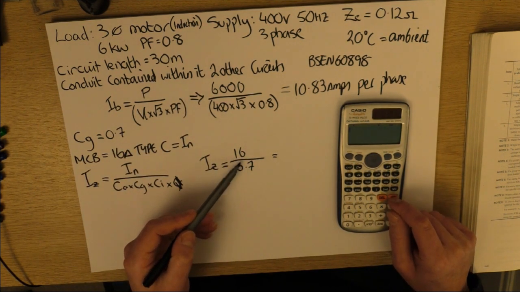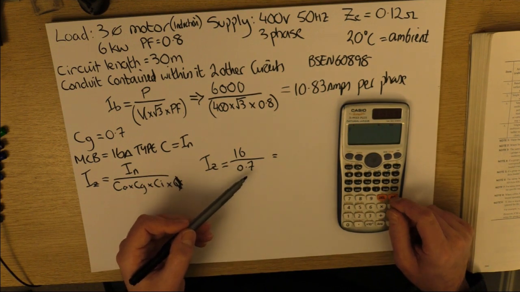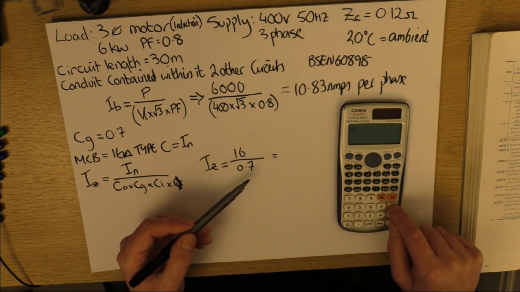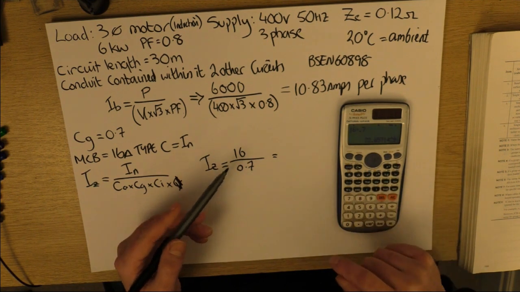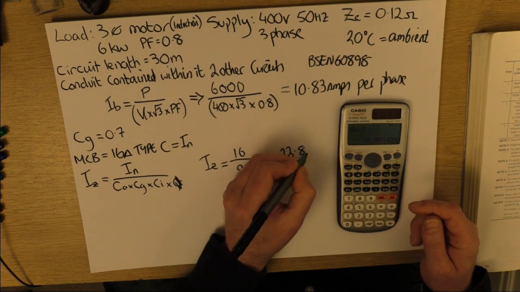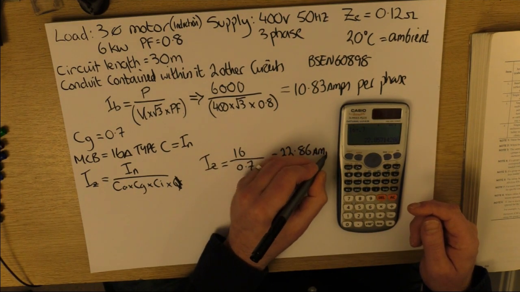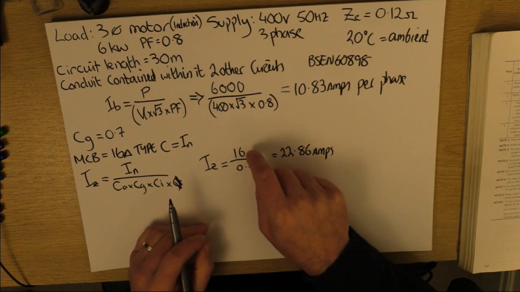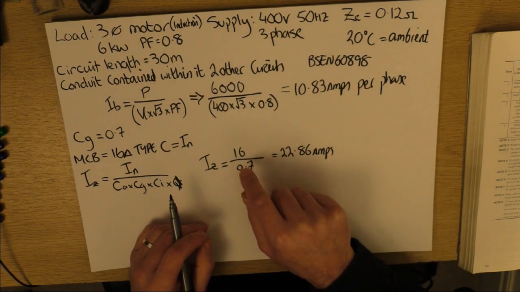Anything divided by a number under 1 is going to increase this number. So 16 divided by 0.7, and we get 22.86 amps.